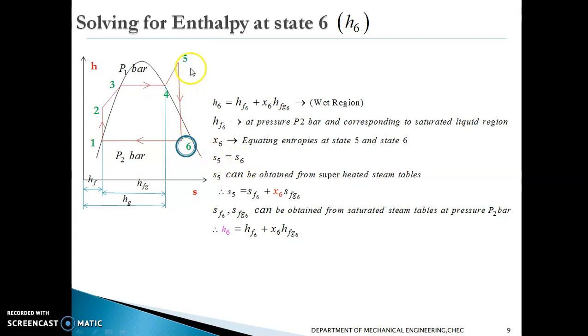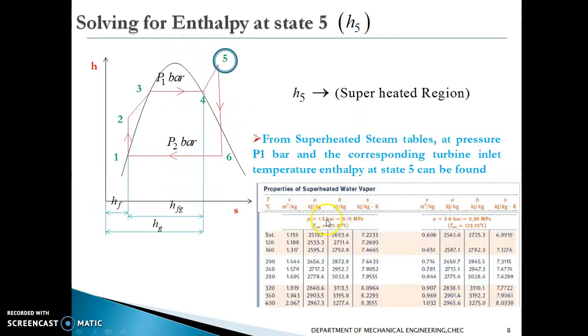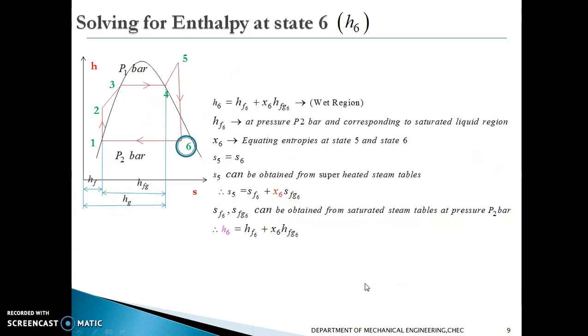The value of s5 can be directly found from the superheated steam tables. At a particular pressure, besides the enthalpy value, we can see the entropy value also. This is equal to s5 at that pressure. So entropy can be found directly from the superheated steam table, since 5 is a point in the superheated steam region.